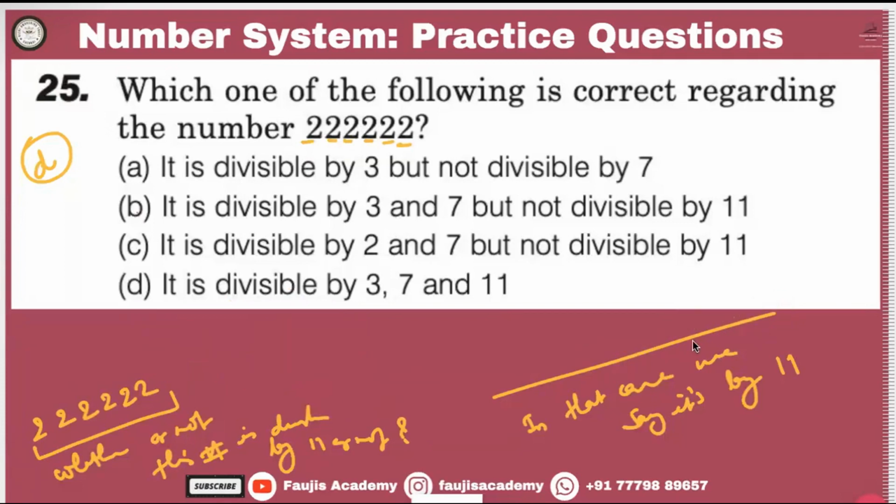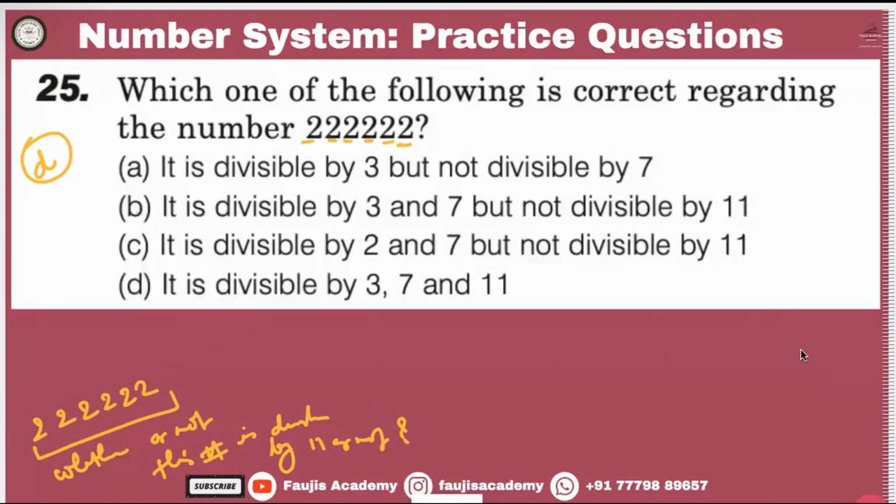It's divisible, because the difference of the sums of the alternate digits is 0, right? This one plus this one plus this one will give you 6, and then this one plus this one plus this one will also give you 6, which gives a difference of 0.